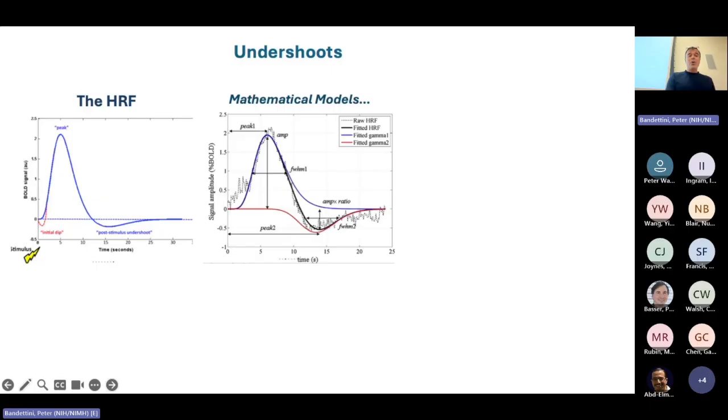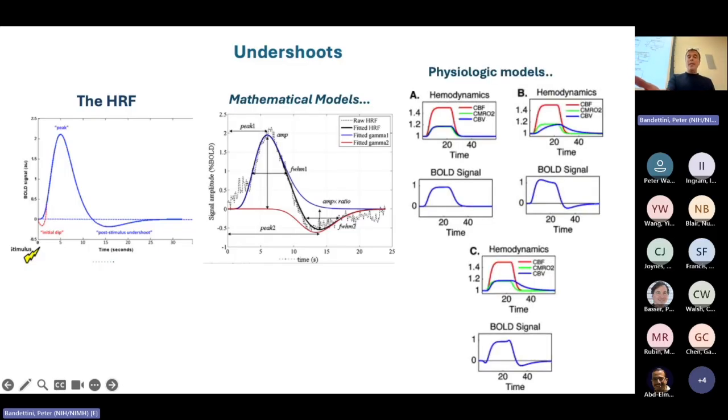And people have tried to model it mathematically with a double gamma variant or with another one. But they've also, more importantly, tried to model it using physiologic models. And it turns out that a physiologic model, this was the balloon model by Richard Buxton, claims that if you have, for instance, a perseveration of increased metabolic rate, you can produce a post-undershoot because after the flow has gone down, you extract more oxygen from the blood.